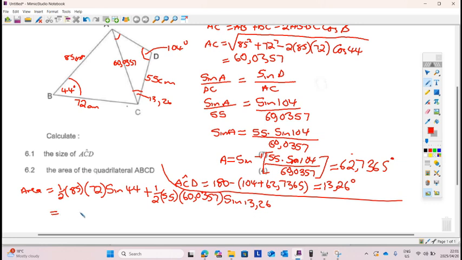All that on your calculator gives you 2,504.37 square centimeters. That is our area, and that's how you are supposed to deal with question number 6.